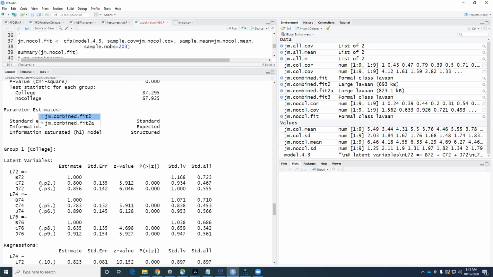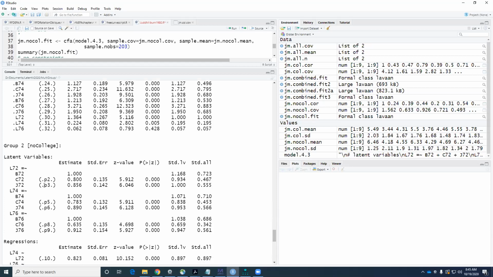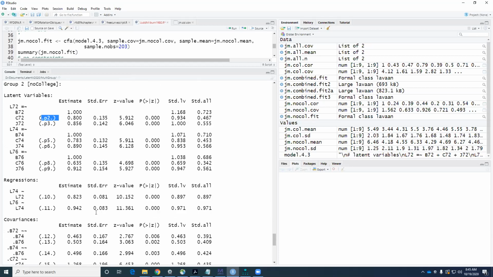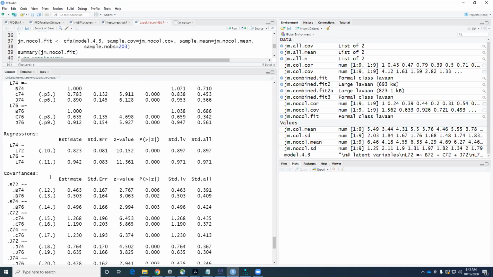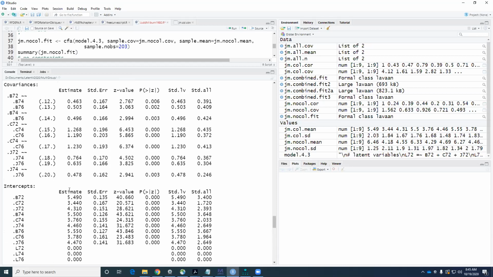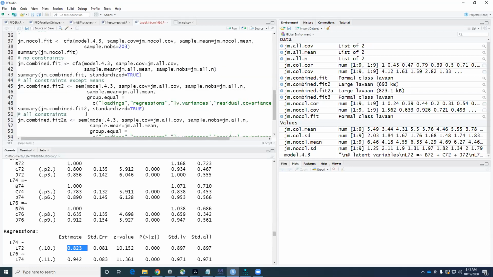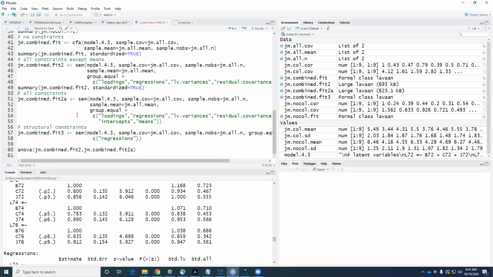Note the parameter names that will indicate the equality constraints that I placed in the model. So that P2 is the same as this other P2 downstairs in the second group. And, as I mentioned before, the estimates are all constrained to be the same across the two groups as well. And that basically is how you get started with the code.